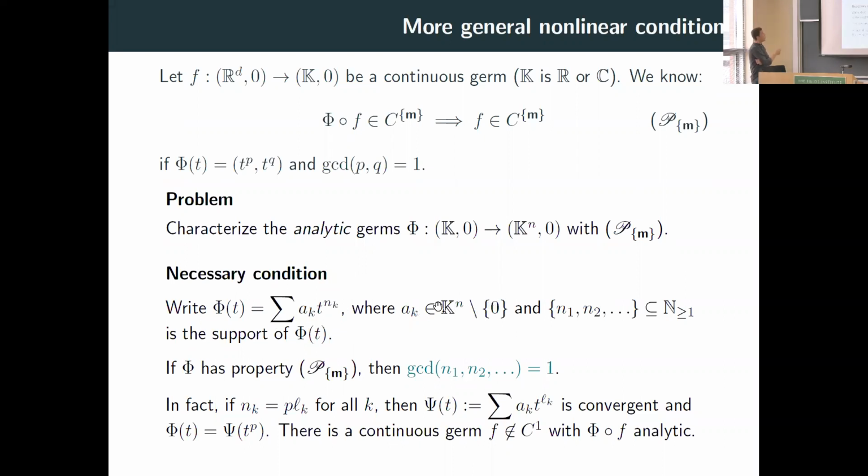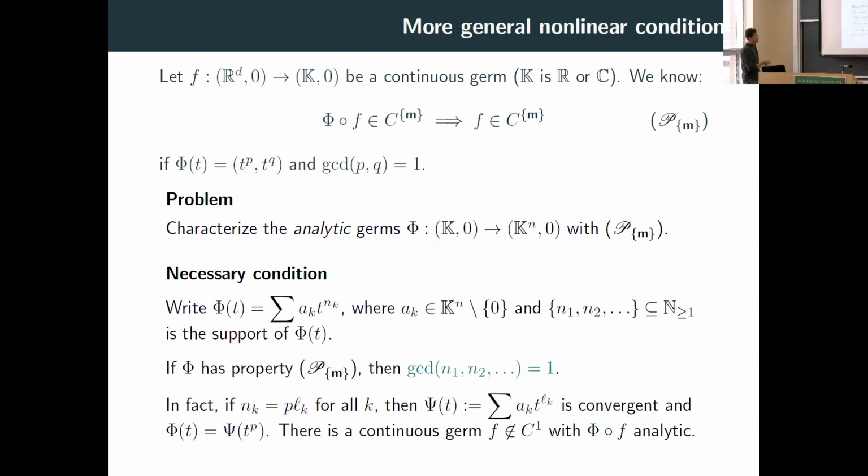Now I claim that if phi has property PM, then the greatest common divisor of the support has to be equal to 1. That's the necessary condition I'm talking about.